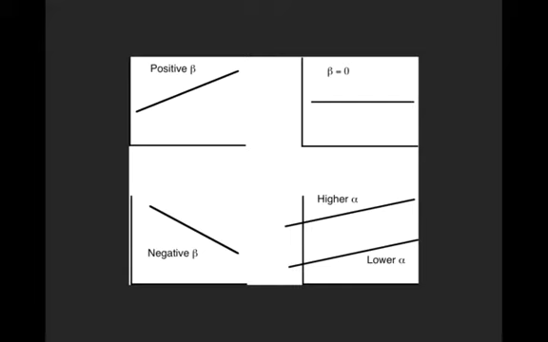You have a slope and an intercept. If you have a positive slope, you have a line that goes up from left to right. If you have a negative slope, or a negative beta, you have a line that goes down from left to right. And depending on your intercept, you can have the same slope, but the lines intersect the y-axis at different places.